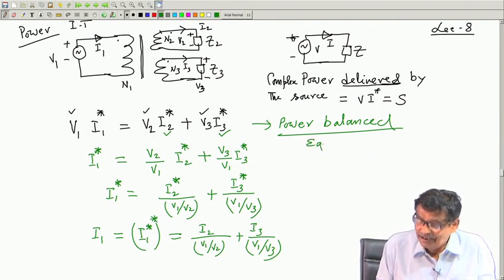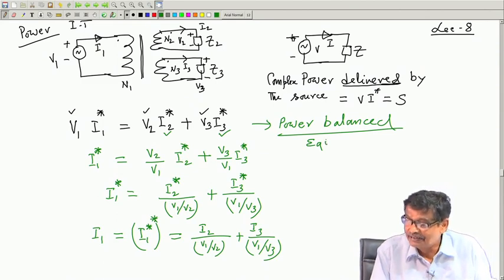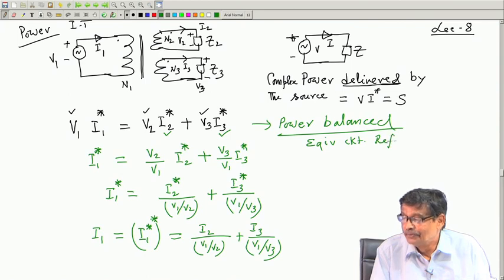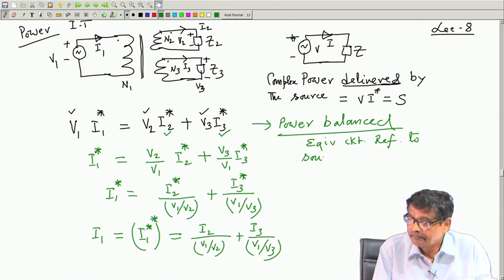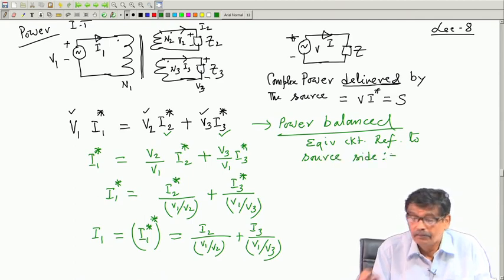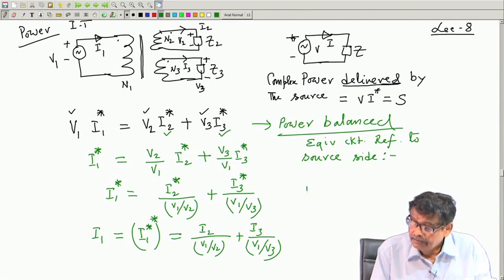This equation will help me out, equivalent circuit referred to source side. What it will be? Source side.